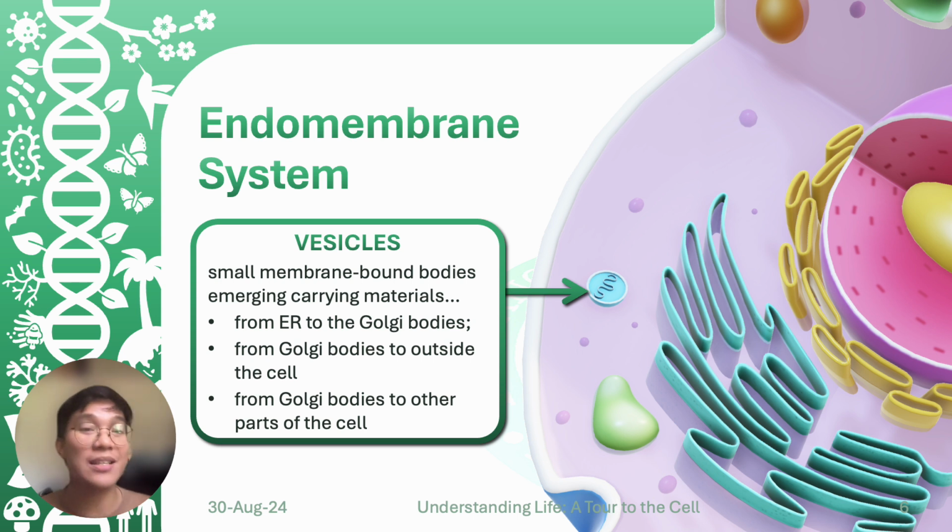So the vesicles are actually like trucks that will be loaded with these packaged clothing that were folded already in the ER, packaged inside the Golgi bodies, and their transport will take place inside a vesicle. That's why they are called transport vesicles.